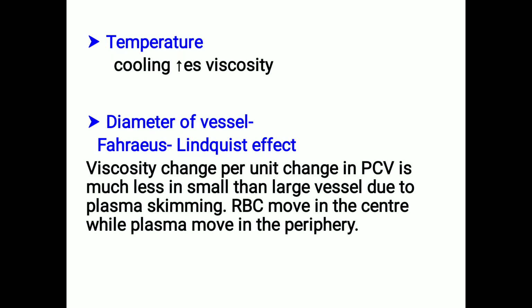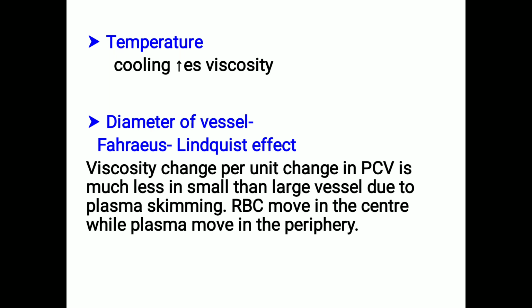Next, the diameter of the blood vessels. There is a concept called plasma skimming. The viscosity change per unit change in PCV is much less in small vessels than in large vessels, due to an effect called plasma skimming.